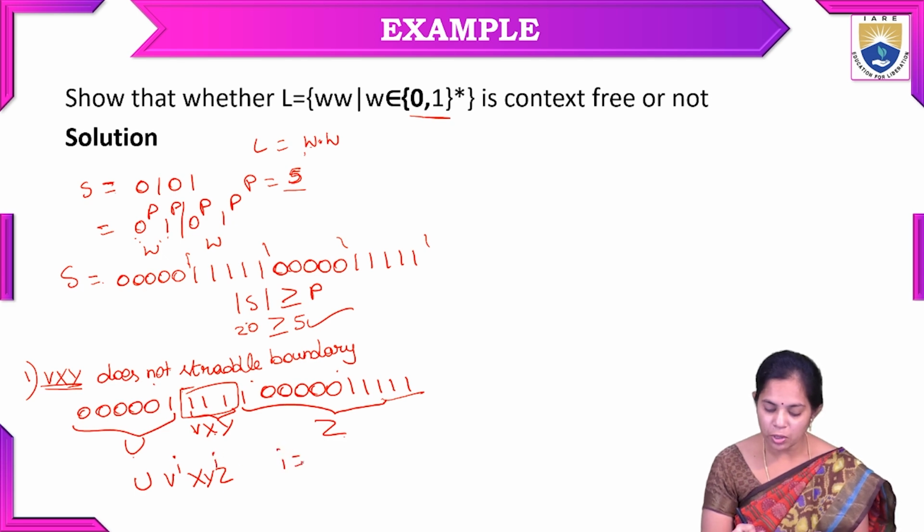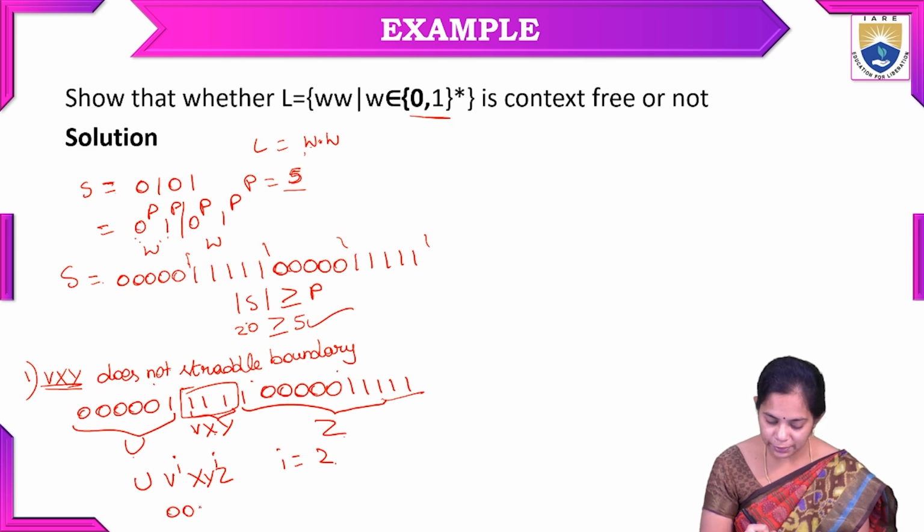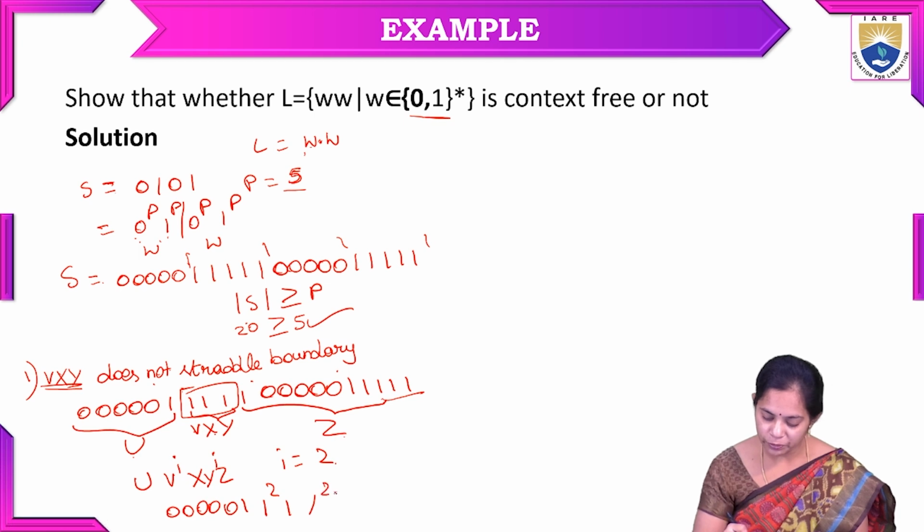Here i is equal to 2, and we will extract these values. So here v is equal to 1, so 1 power 2, and x as it is, and y is equal to 1, so 1 power 2, and the remaining z value I am writing as this.